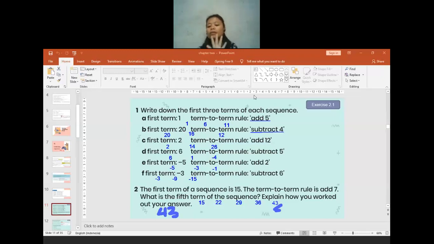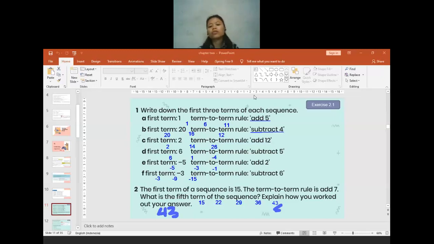Fifth term, so I need to find the fifth number. 15, 22, 29, 36, 43. So the fifth term is 43. Is it still confusing for question 2 or question 1? Already clear.